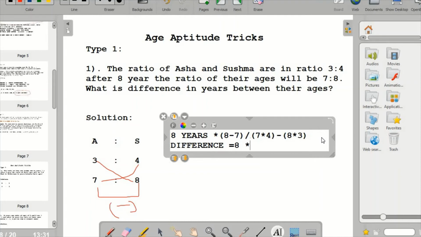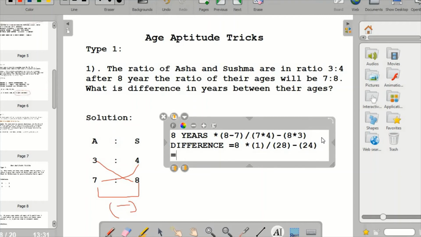So 8 into 1 is 8, divided by 7 into 4 is 28 minus 8 into 3 is 24.